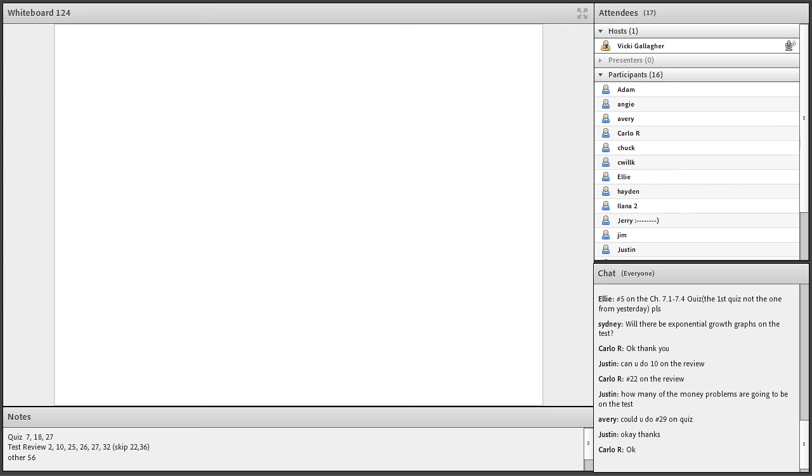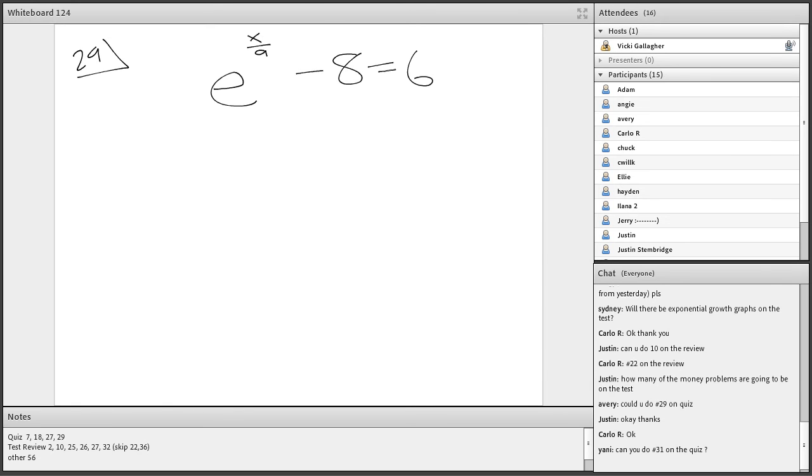All right, 29 on the quiz. E to the power of x over 9 minus 8 equals 6. Now this one is not currently in exponential form.